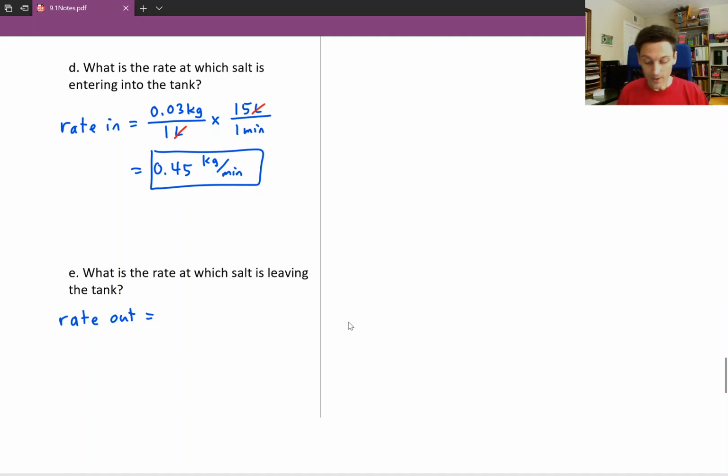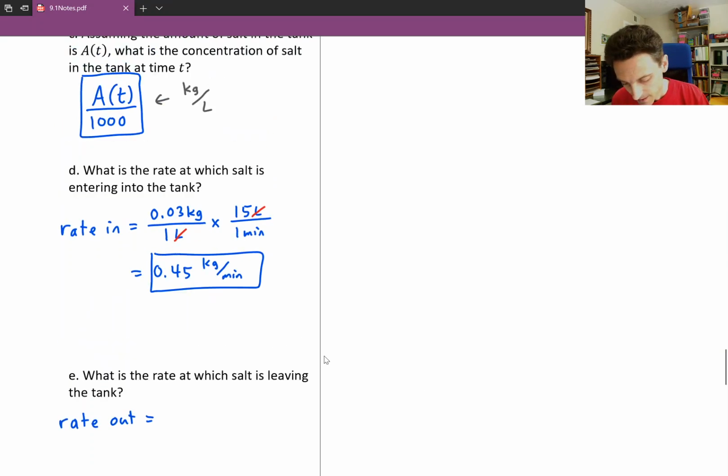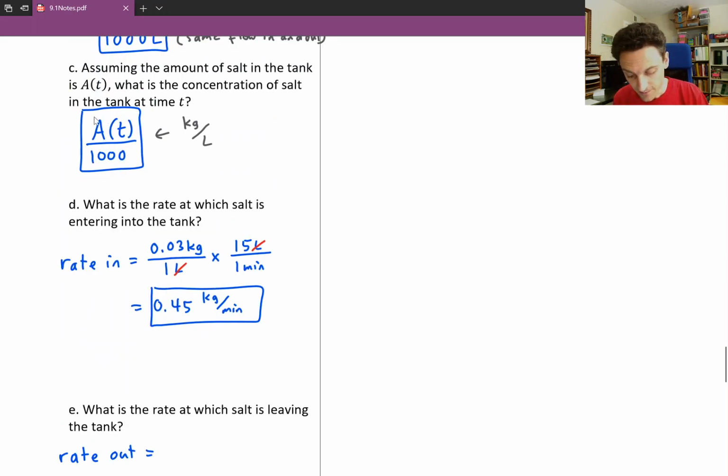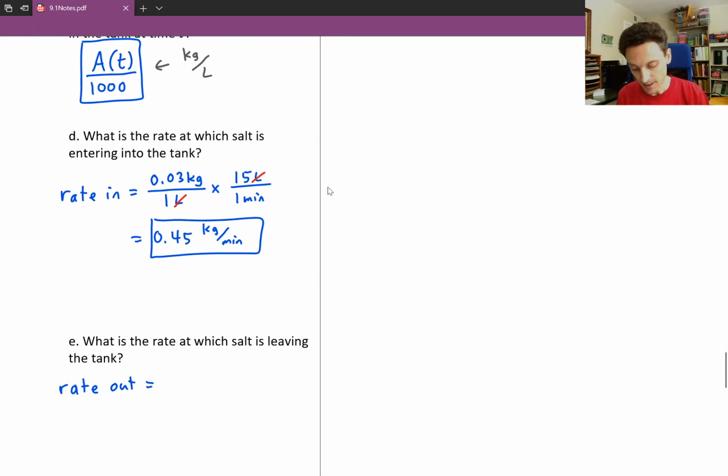So to figure out the outgoing rate, how much salt is leaving the tank per minute, we can take the concentration of salt at any given time t, which we figured out earlier. That's A of t over 1,000, the concentration of salt in the tank at time t, and multiply that by the outgoing flow rate.